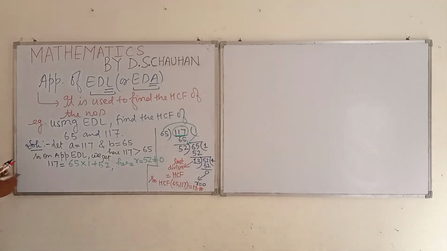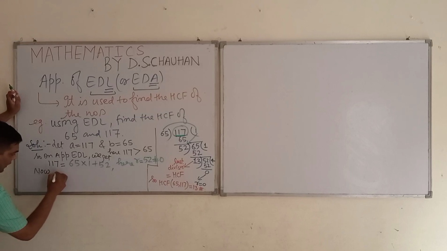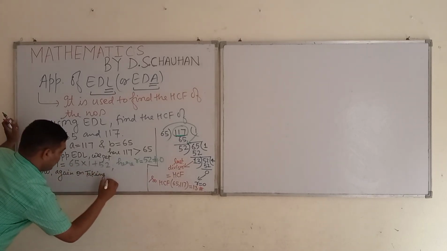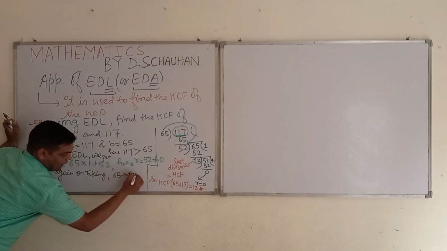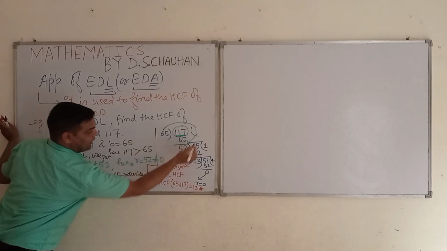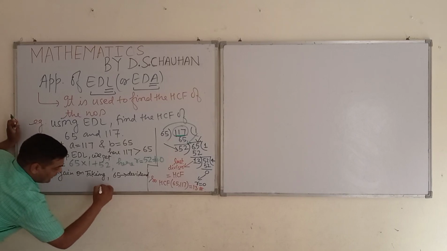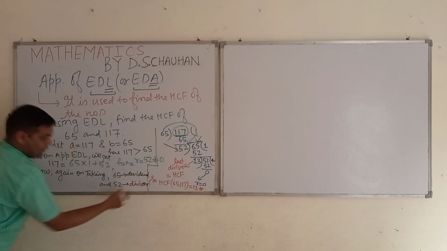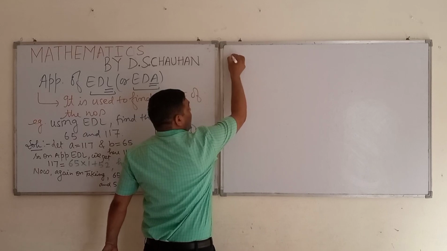So now students, again I am taking 65 as dividend and 52 as divisor.